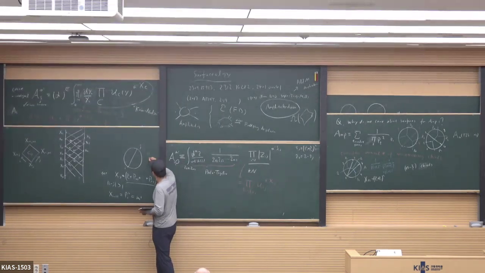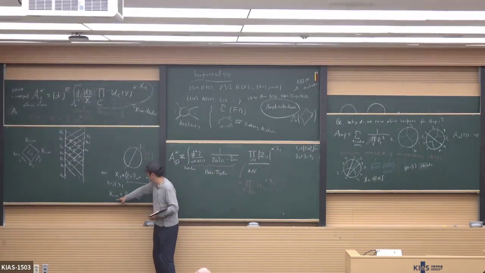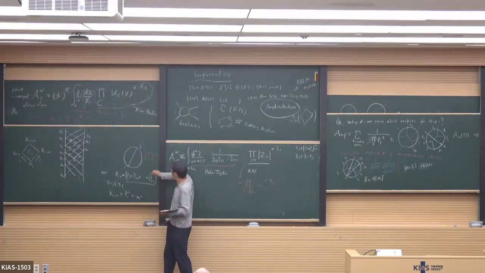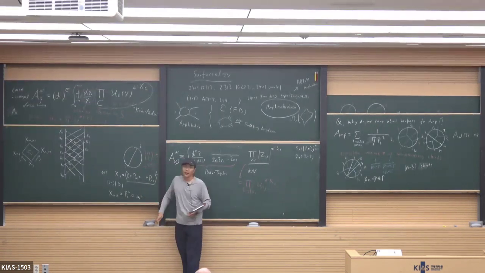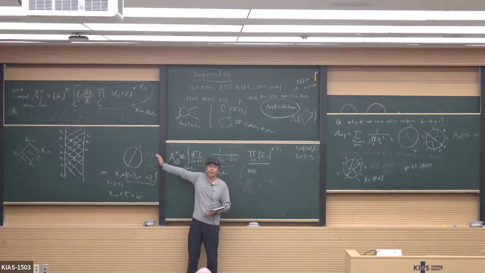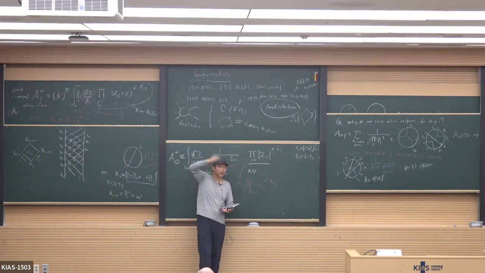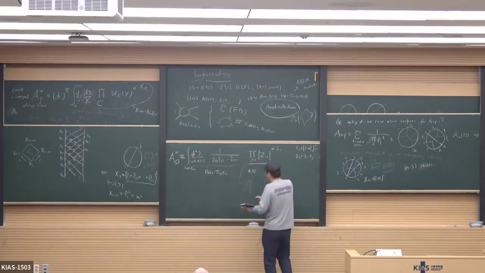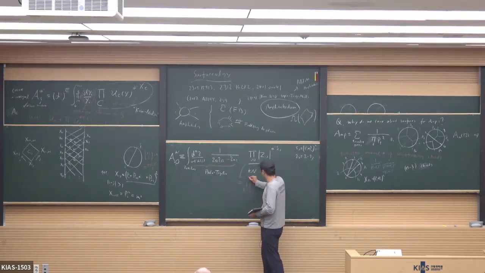There are n choose 2 minus the trivial ones, minus n. So there are n times n minus 3 over 2. This is the number of curves on a disk with n marked points. At tree level, this is the only case with a finite number of curves, and starting at loops, there will be an infinite number of curves. That's why everything is so clean here, that you have the Koba-Nielsen factor written as u to the x.